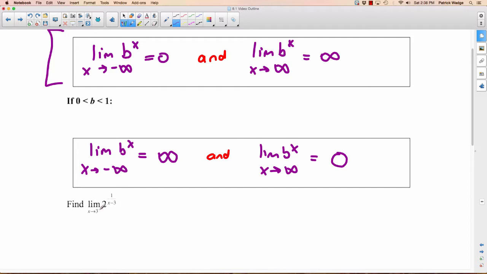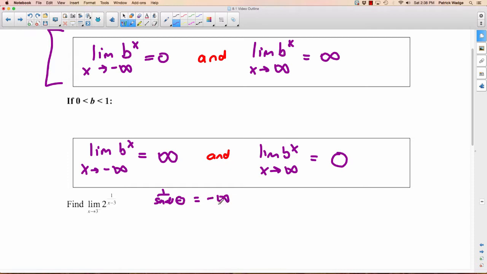But if we go to 3 from the left-hand side, it's almost 3, right? It's 2.999999. And 2.99999 minus 3 is what kind of number? It's a very small negative. So you'd have 1 over a small negative, and 1 divided by a very small negative is equal to negative infinity.